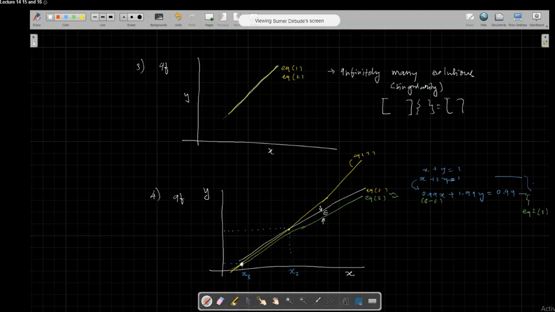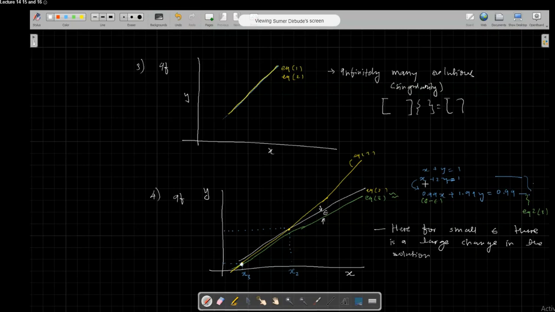So in this case, for a small epsilon there is a large change in the solution.